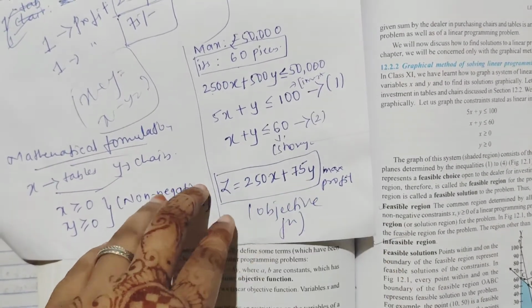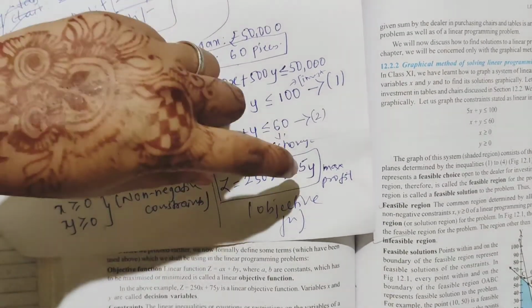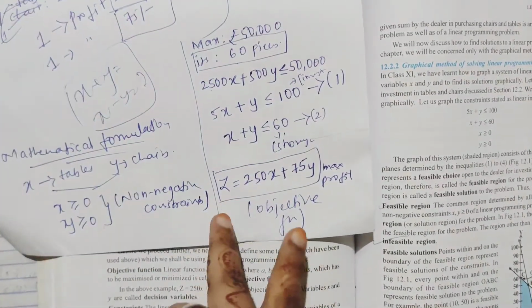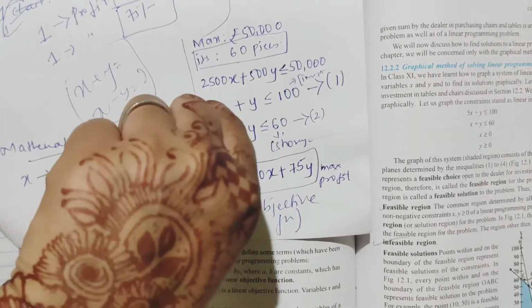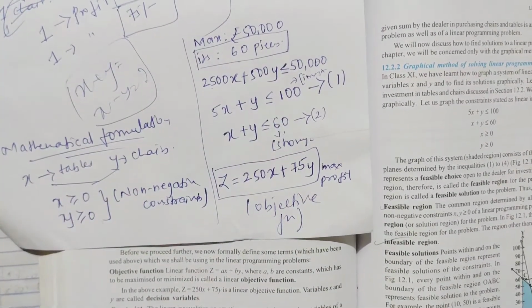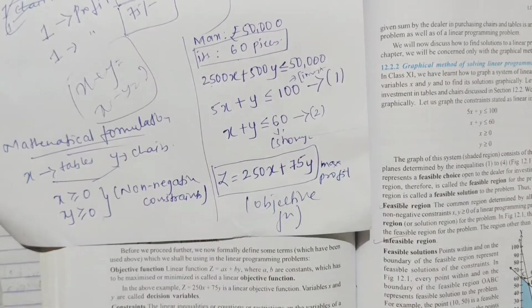With this help, you have to find out his maximum or minimum profit, how he is dealing with this with the help of linear inequalities or linear equalities.